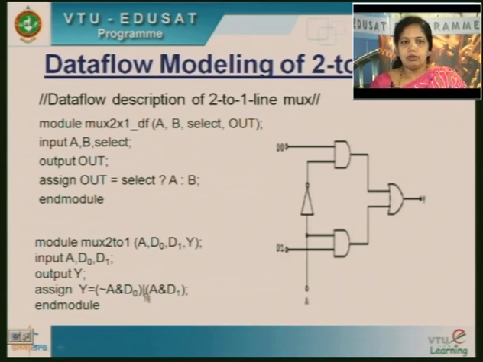So we are going to use operators here. This is an OR operator which will be choosing this or this based on what selection line you are using. So this is an example of a 2:1 mux written in data flow modeling.